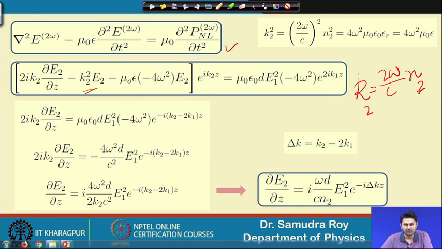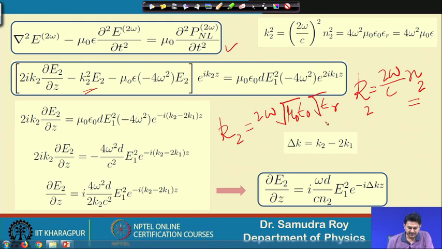This is the definition of k2. So, now if I simplify, I should write k2 is equal to 2 omega, and then 1 by c I can write as root over mu 0 epsilon 0, and this refractive index I can write as root over epsilon r.